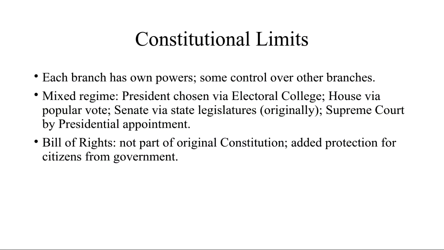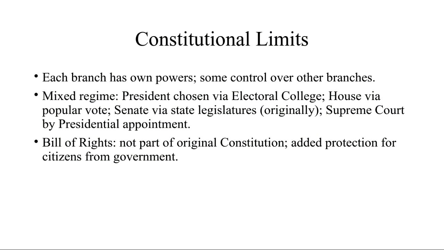And another limit on the federal government is the Bill of Rights, which protects us from government overreach. It wasn't part of the Constitution originally, and some of the founding fathers, including Alexander Hamilton, tried to argue that it was redundant, that we already knew where the government was limited in its power.